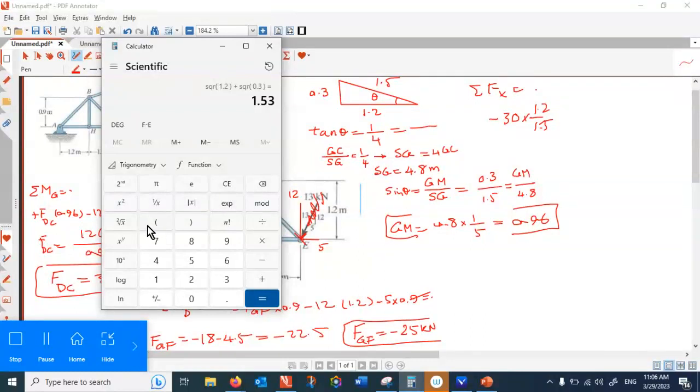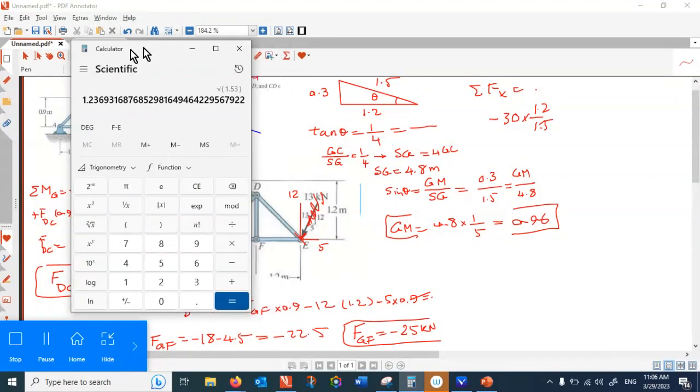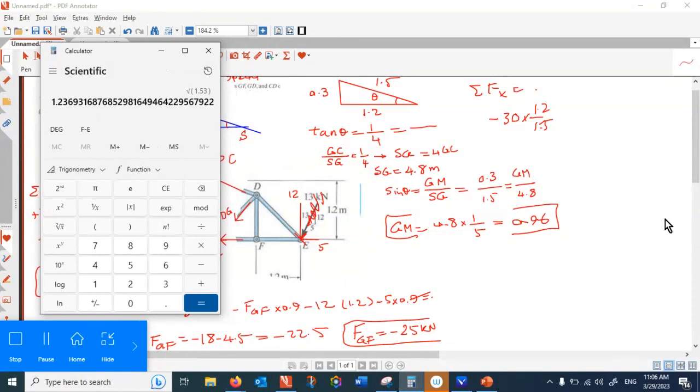Oh yeah, you're right. Okay, too late. Just one more time. That's 1.2 squared plus 0.3 squared. Yeah, I made a mistake there.